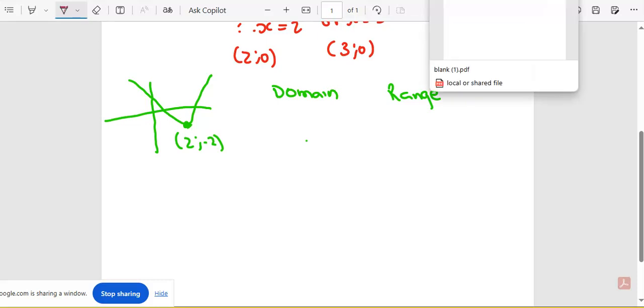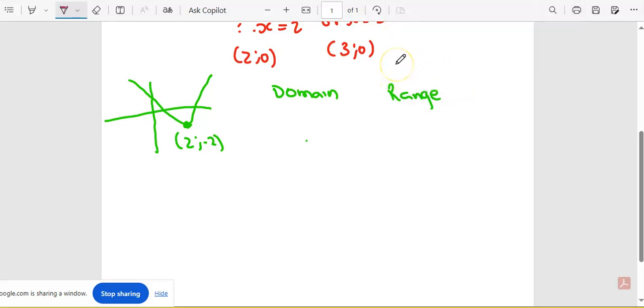I think that the range I'm going to write y is... I don't know how to call this sign. That's the problem. Okay, so remember we said on the range we check the y.